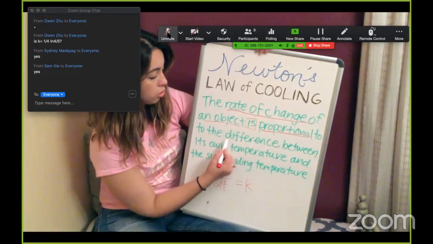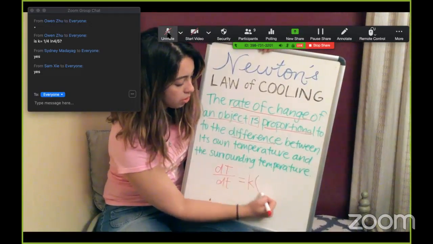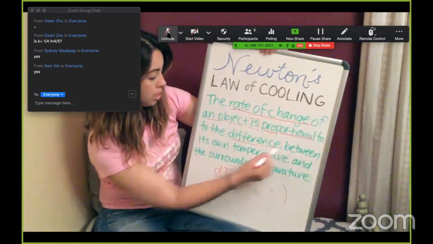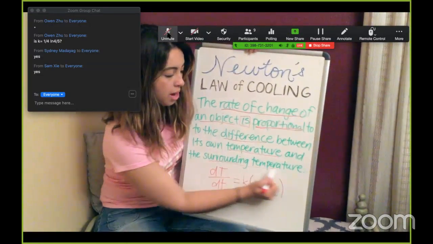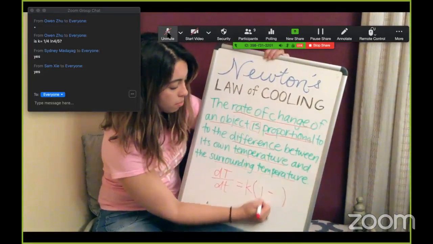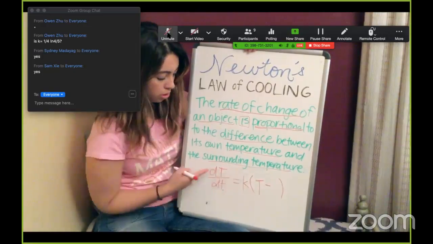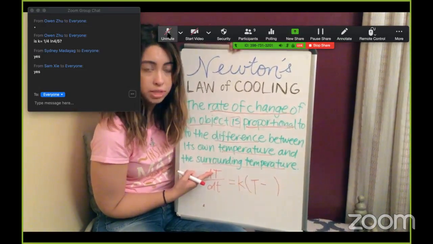And it's proportional to the difference. So when we see difference, we know it's going to have to be subtraction between its own temperature and its surrounding temperature. So I'm going to use capital T to represent the object's temperature, just like we used capital T here to represent the change in the object's temperature.